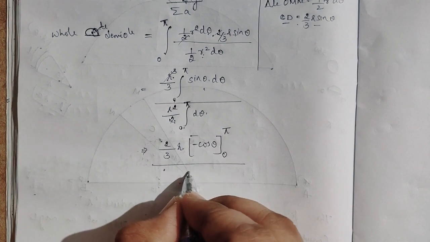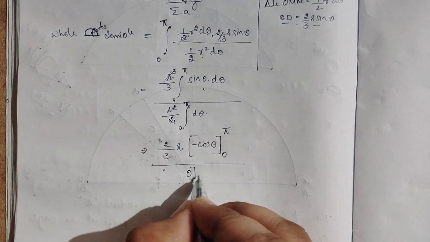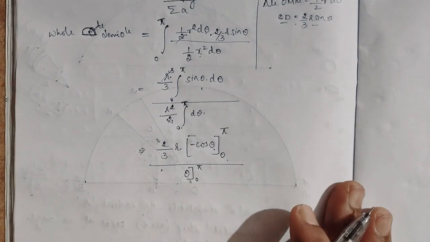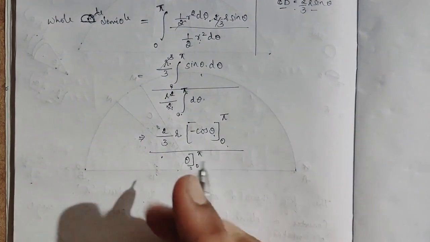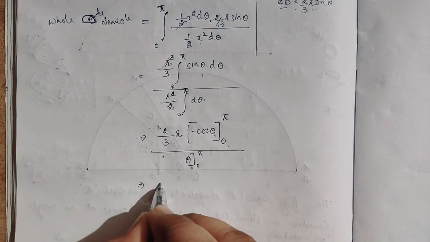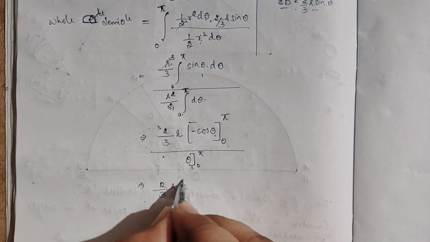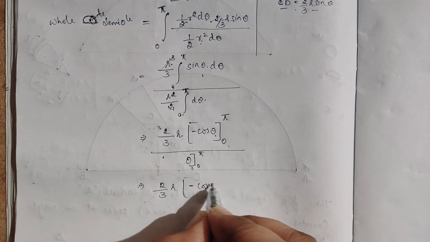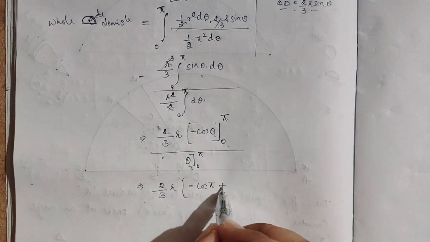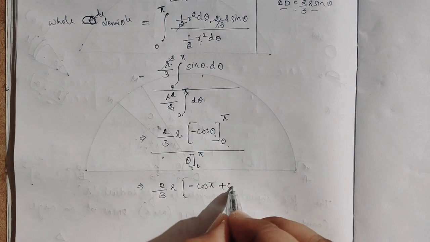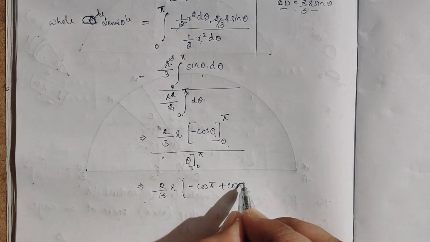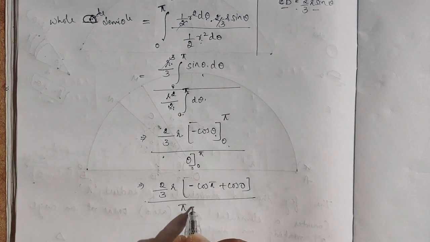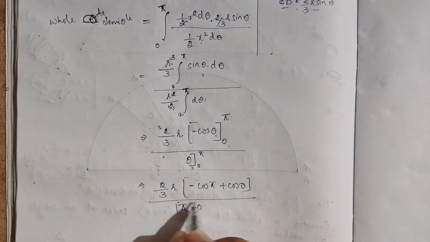Integration of d theta is theta from 0 to pi. If you put the value 0, we will get 0 only. So 2 by 3 into r, into minus cos pi plus cos 0, divided by pi minus 0.